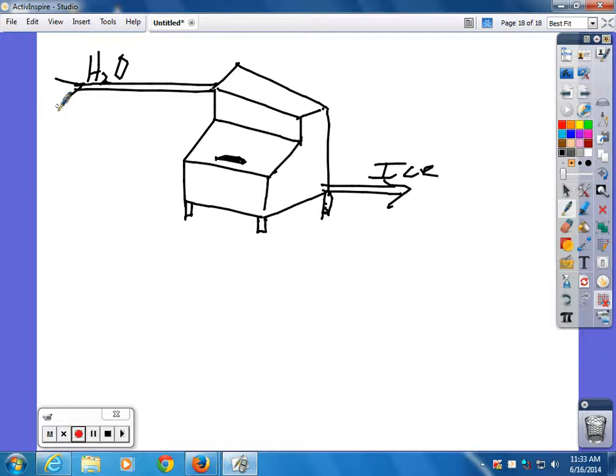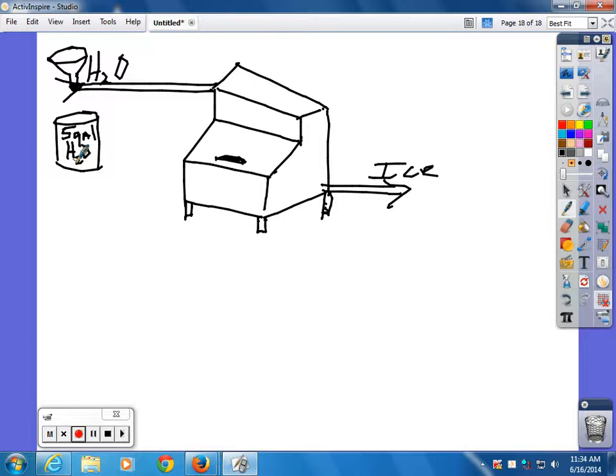What if I take a 5-gallon bucket of water and I put it into a funnel and cut the water line off, and I take that 5 gallons of water and I put it into this ice machine? What will I get out of the ice machine?